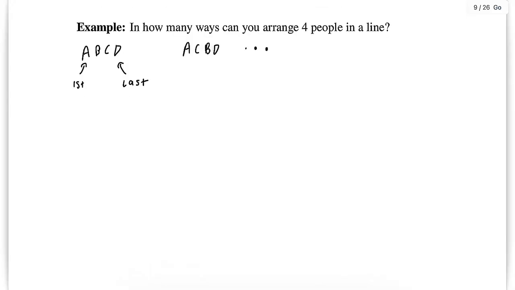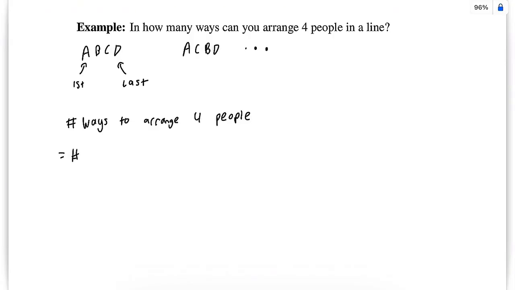Well, okay. The number of ways we can arrange 4 people in a line. Let's break up our problem. So the number of ways to arrange 4 people. Well, we can choose our people one at a time.